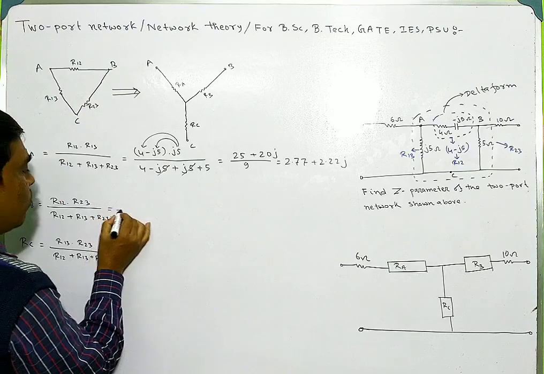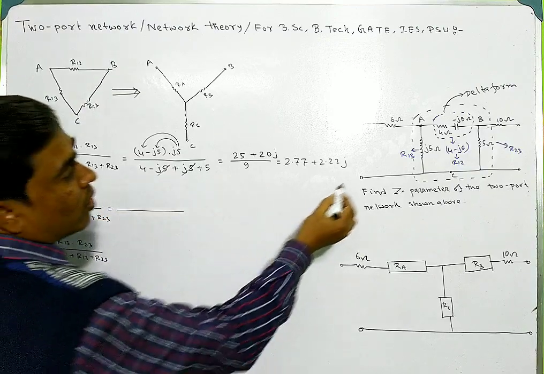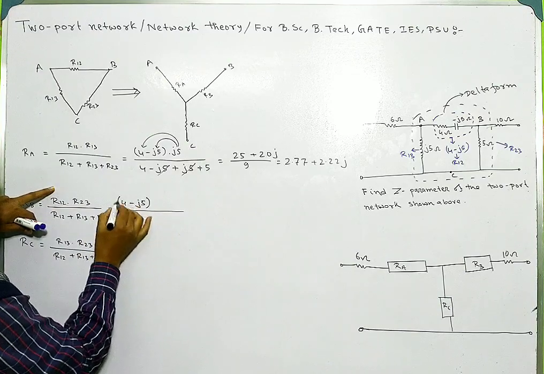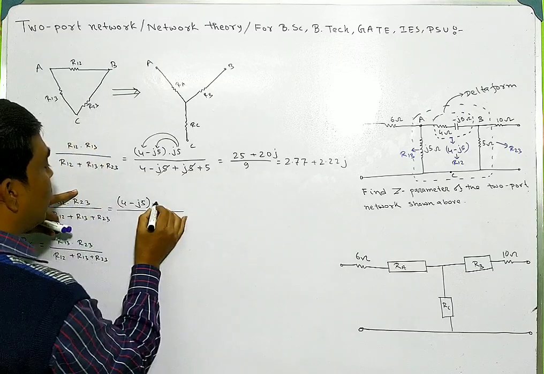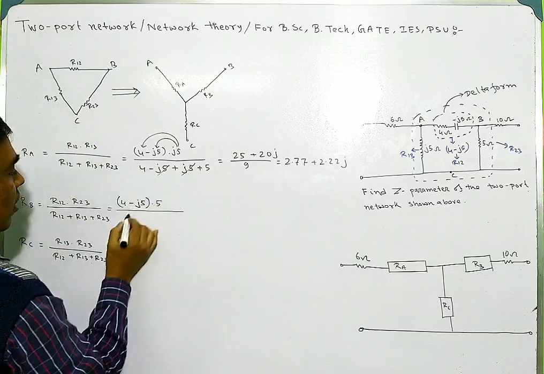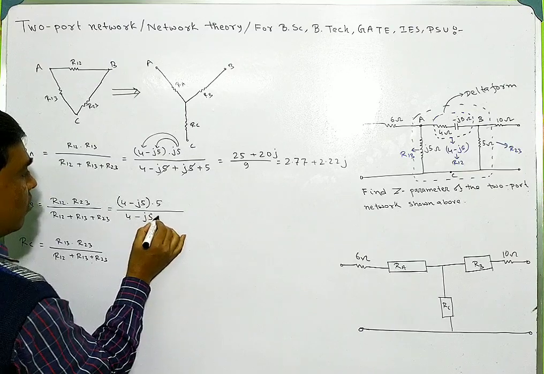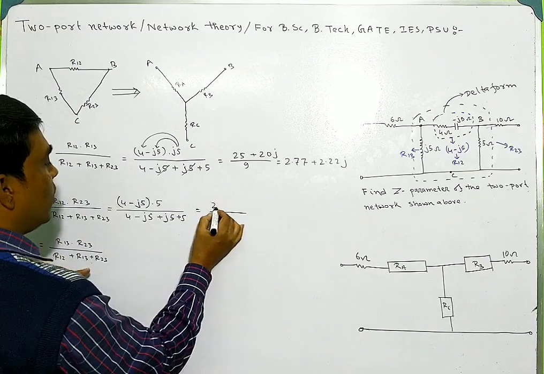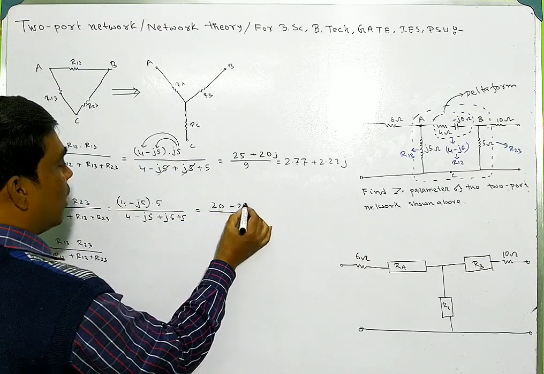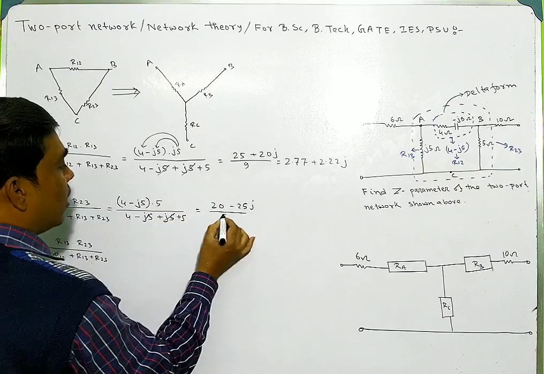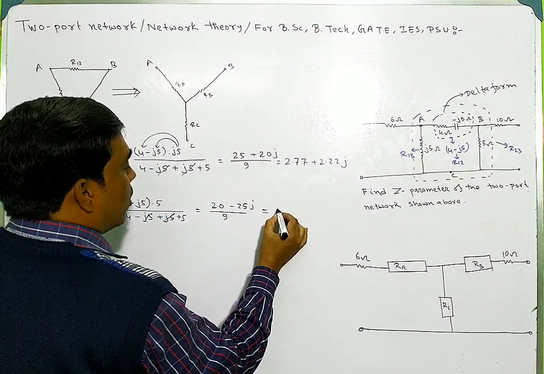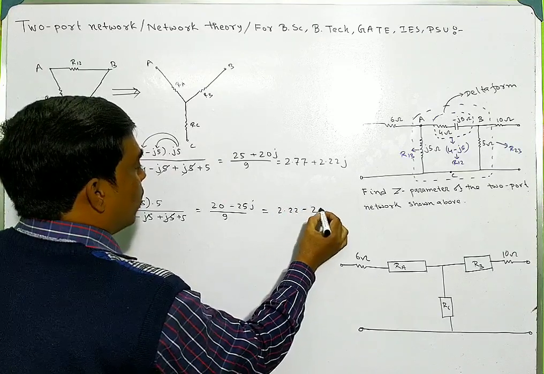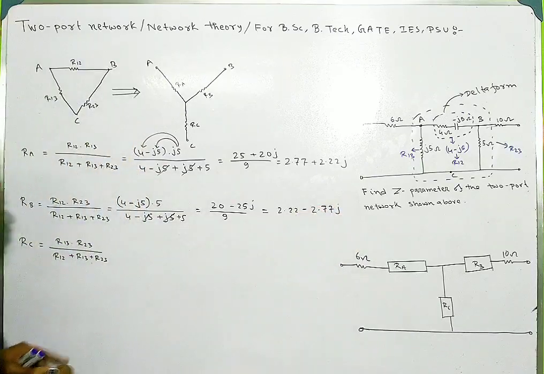Now similarly you put this value here, R12 is 4 minus J5 multiplied by R23 only 5, and if you sum all the resistance, it will be 9, so here it will be 20 minus 25J divided by 9, so here it will be 2.22 minus 2.77J.